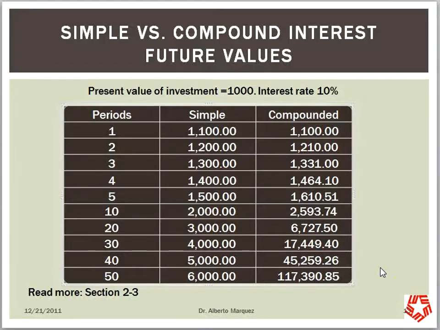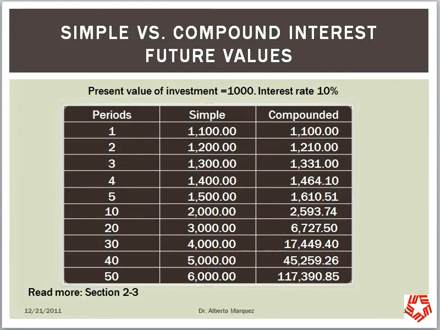compounded interest rates. Because look at what would happen at the end of, say for instance, 30 years. The first investment only gets $4,000. Compare that to $17,449 if you decide to invest using a compounded interest rate.